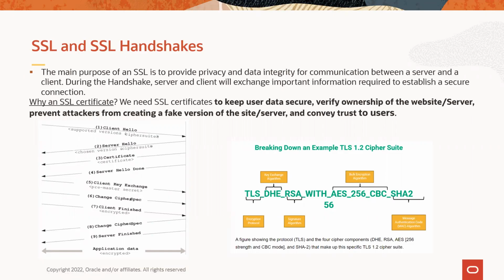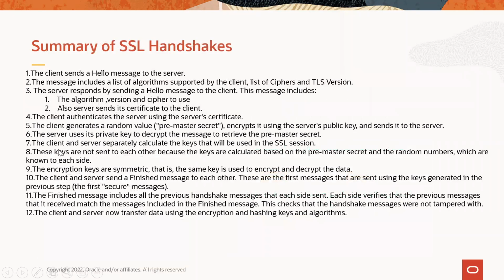Do I have the same certificate the server is sending in my key store? Okay, right, it's the same public key. I would send a client key exchange, and these keys are not sent to each other because the keys are calculated based on the pre-master key and the randoms which are known to each other. The encryption keys are symmetric, that is, the same key is used to encrypt and decrypt the data.